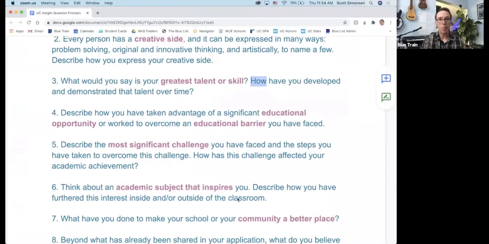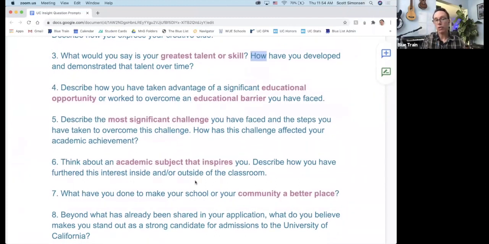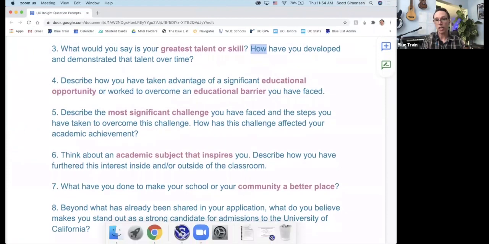Let's look at moving to the next one. The educational barrier goes to the same thing as the most significant challenge. Don't tell us about a significant challenge if it's not worthy of competing against other people's significant challenges. But what words of advice do you have about the significant challenge one?